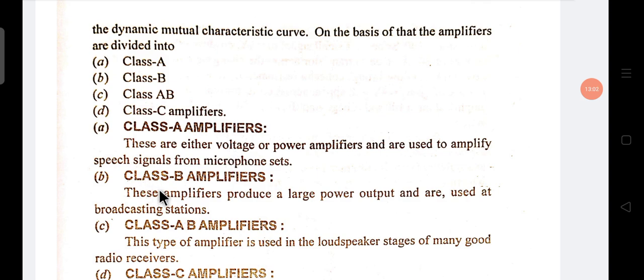Now the class B amplifier produces a large power output and is used at broadcasting stations, because class B is a power amplifier.